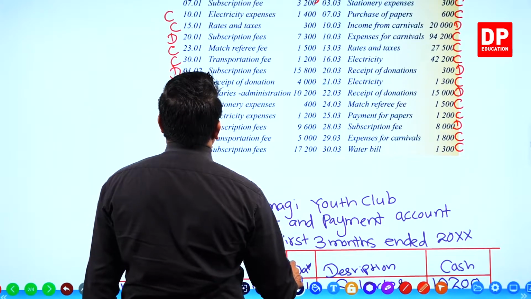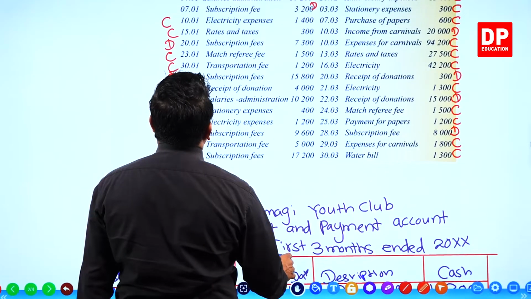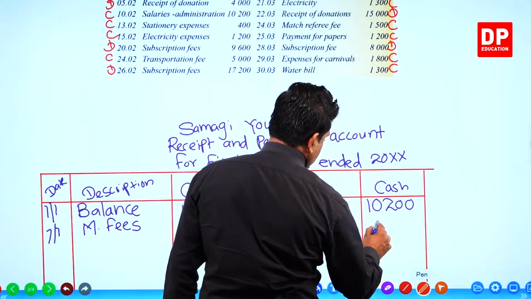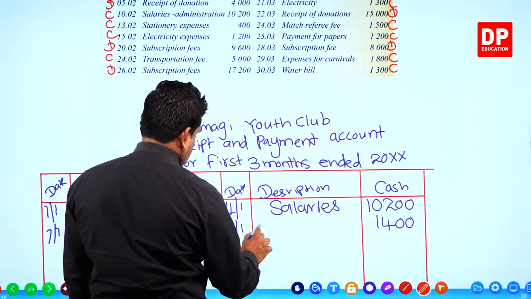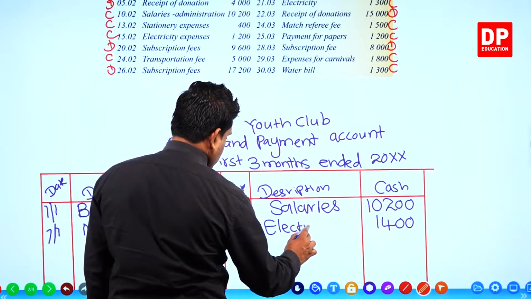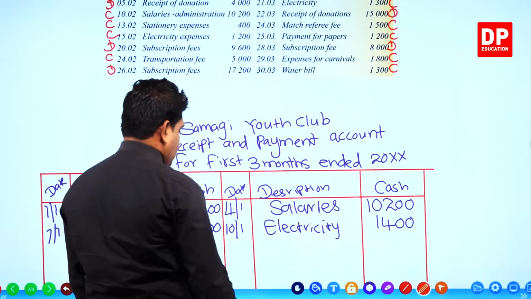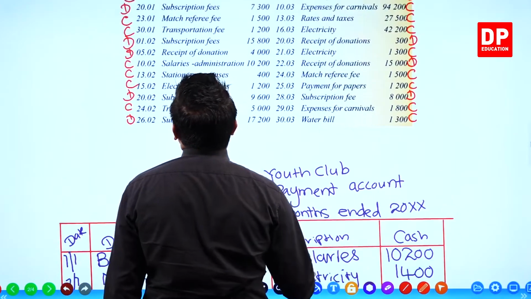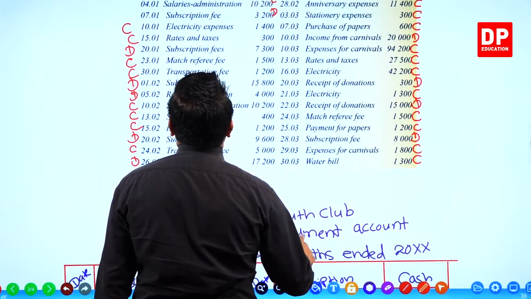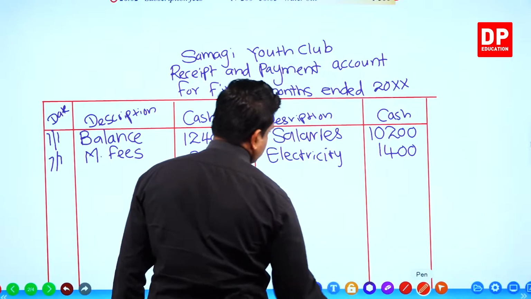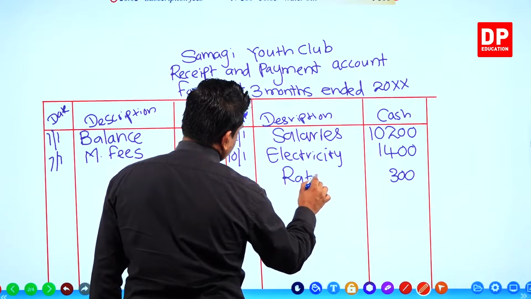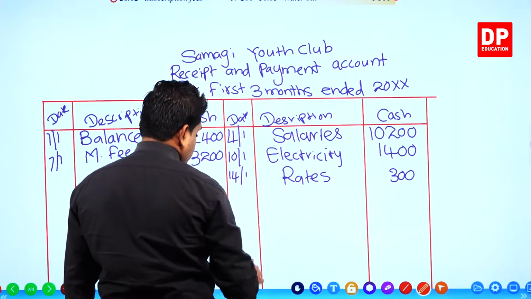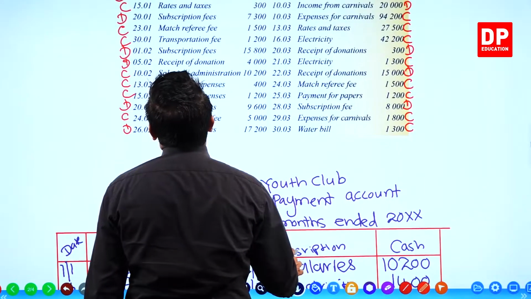Electricity 1,400, that is 110. Rates 300. It's 115, right?